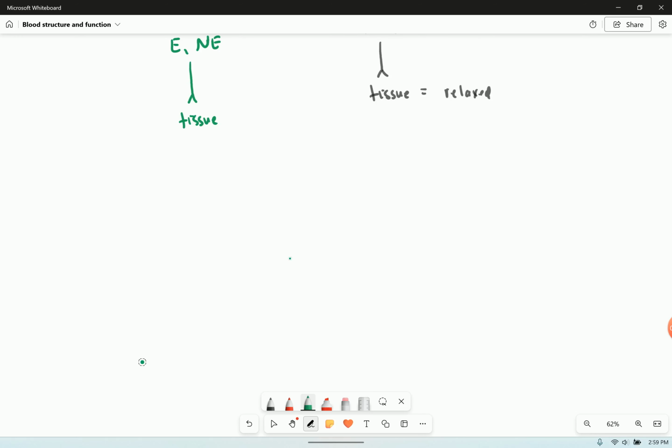We have receptors. So here's our tubes, and there are receptors on our tubes. We have alpha and beta receptors.